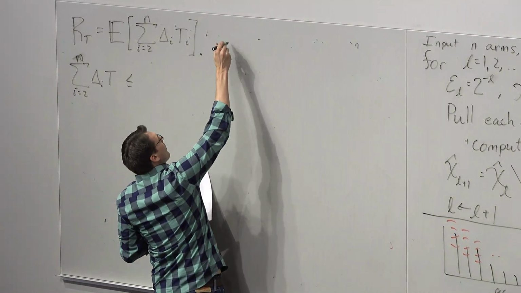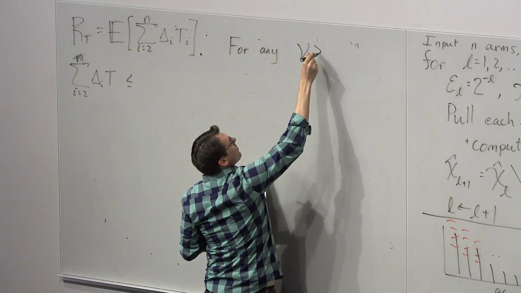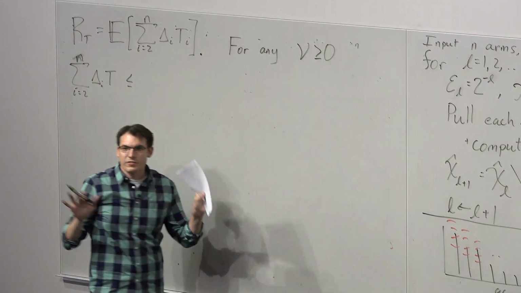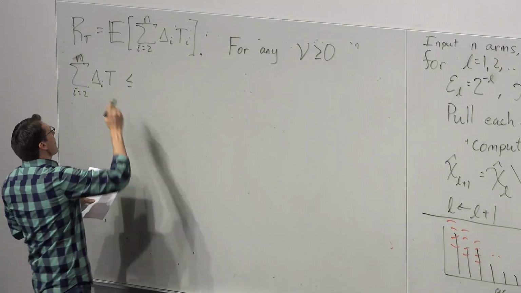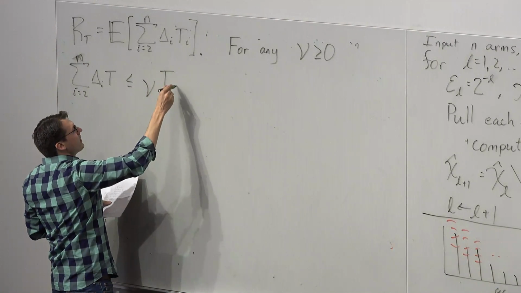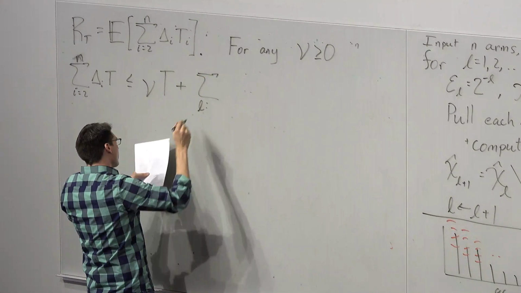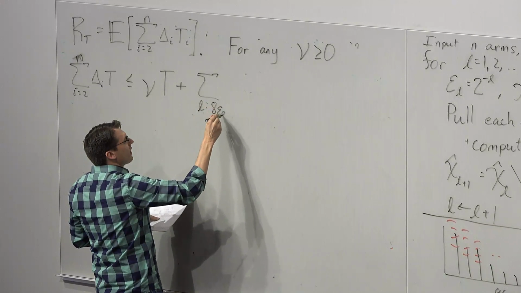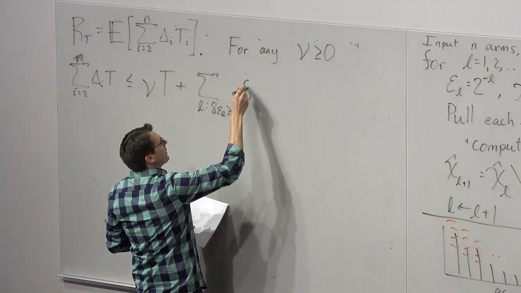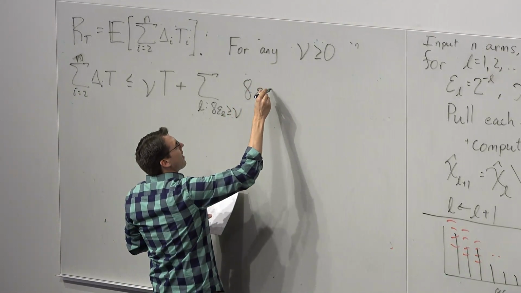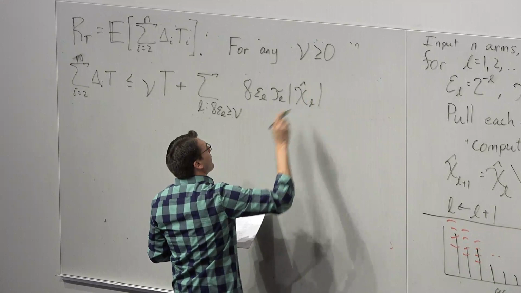Something to worry about, though, is that for any nu greater than or equal to 0, just some constant that I'll specify later, we have that this regret is less than or equal to nu times t plus the sum over L such that 8 epsilon L is greater than or equal to nu of 8 epsilon L tau L x hat L.